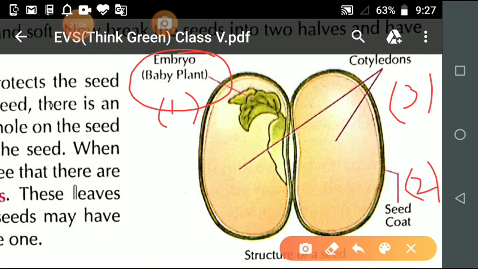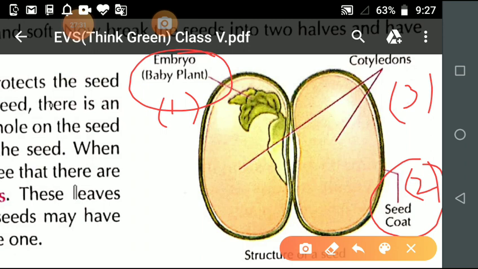Is it clear? There is an outer protective layer of the seed, and this layer is called seed coat. Now, what is the role of a seed coat?